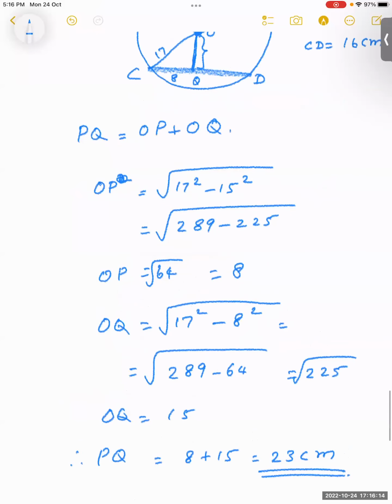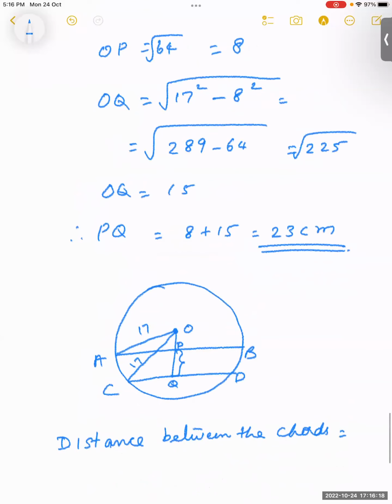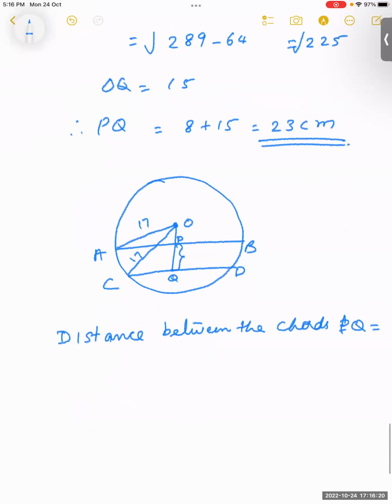AB corresponds to P. This is P, this is Q. PQ is equal to OQ minus OP. So PQ is equal to OQ minus OP.